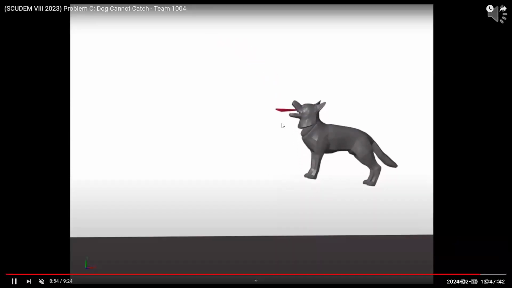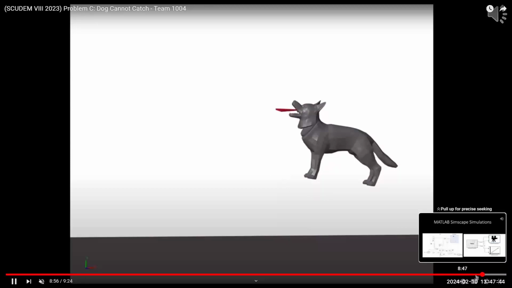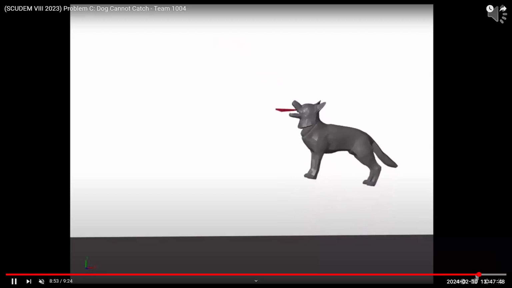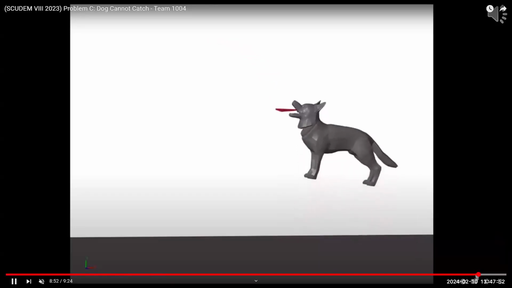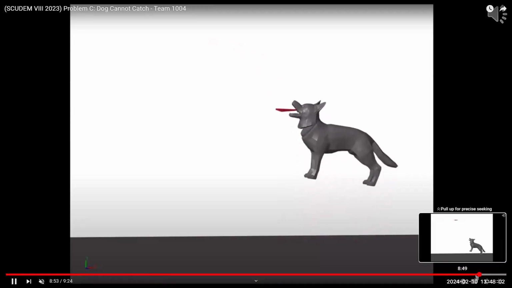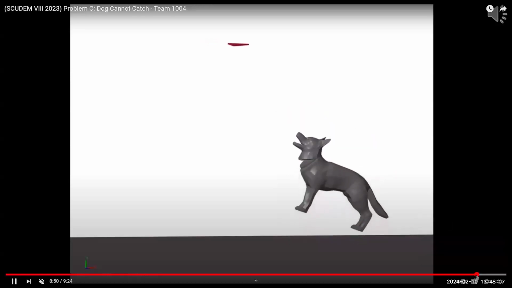We just have the simulation stop when the dog catches the slice of pizza, but even for a couple of seconds, the fact that all of this is done in MATLAB and you're able to visualize it and display it is truly what I love about the Simscape software and the stuff that it can do, because it truly is unique. I would struggle immensely to try to make something like this in SolidWorks, for instance.